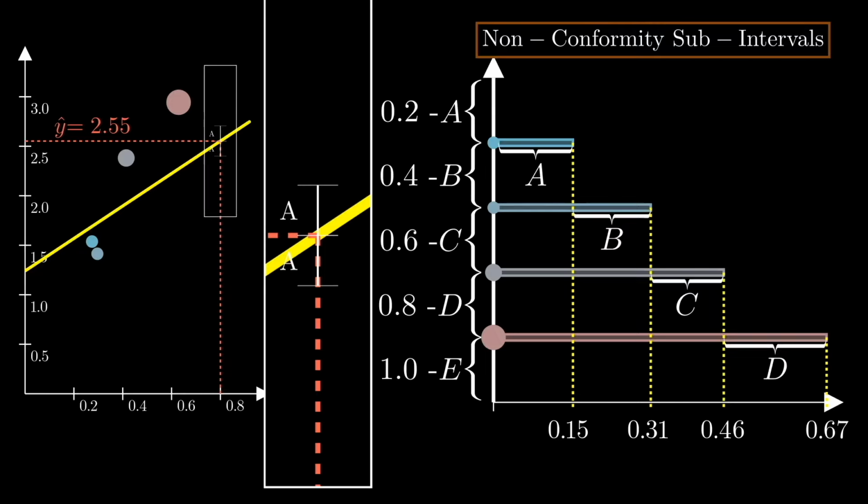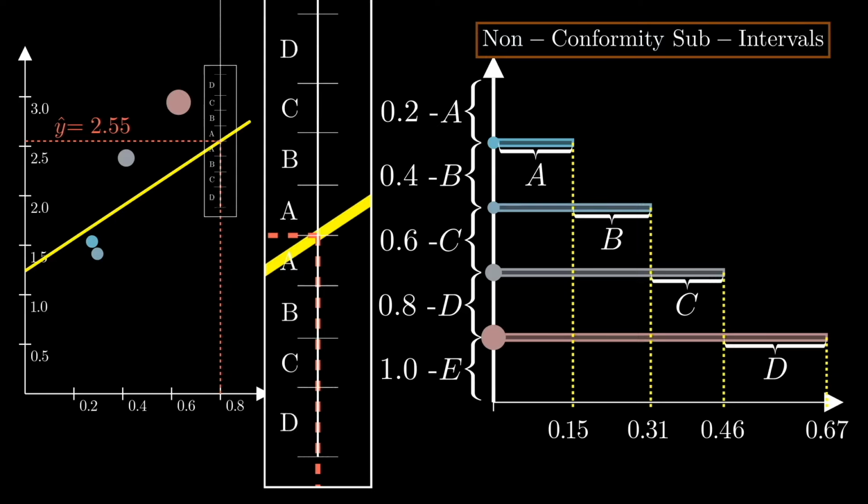Similarly, non-conformity subinterval B corresponds to y values that are between 0.15 and 0.31 away from the point prediction, and so on for the non-conformity subintervals C, D, and E. As you can see in the close-up, these y subinterval pairs mirror each other with respect to the point prediction.